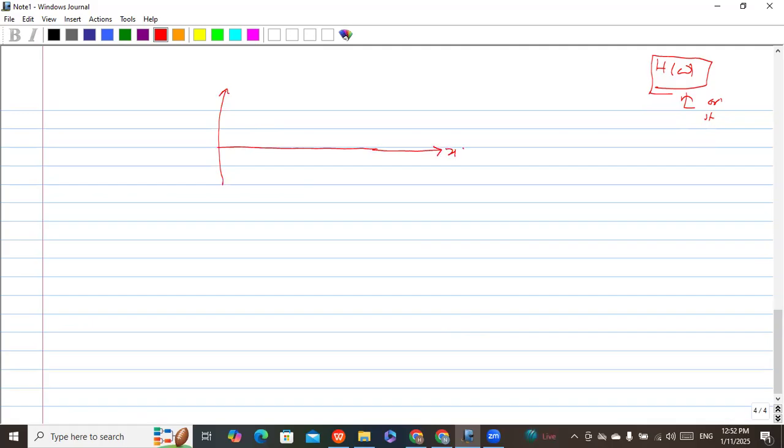So this is the n and this is xn. Let's say that we have a signal like this. This is 1, this is 2, 3, 4, and we only take 3. Again, this is 2, this is 1.